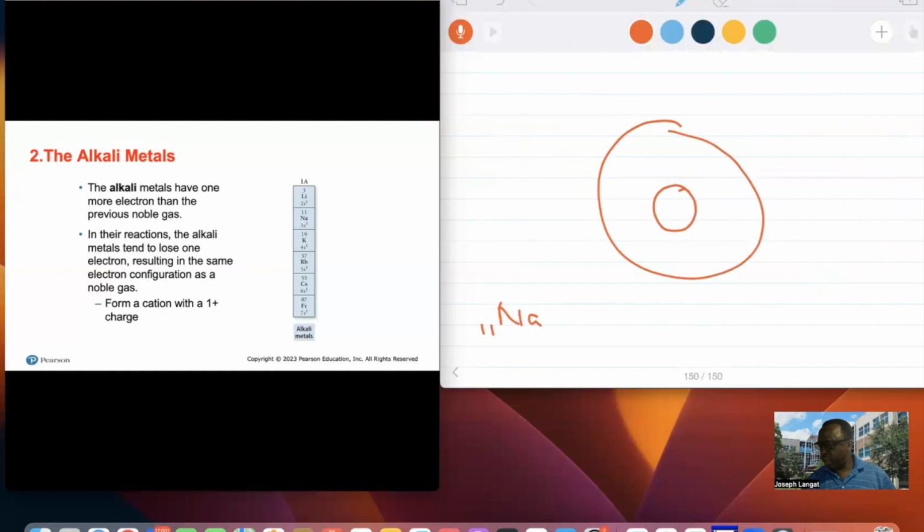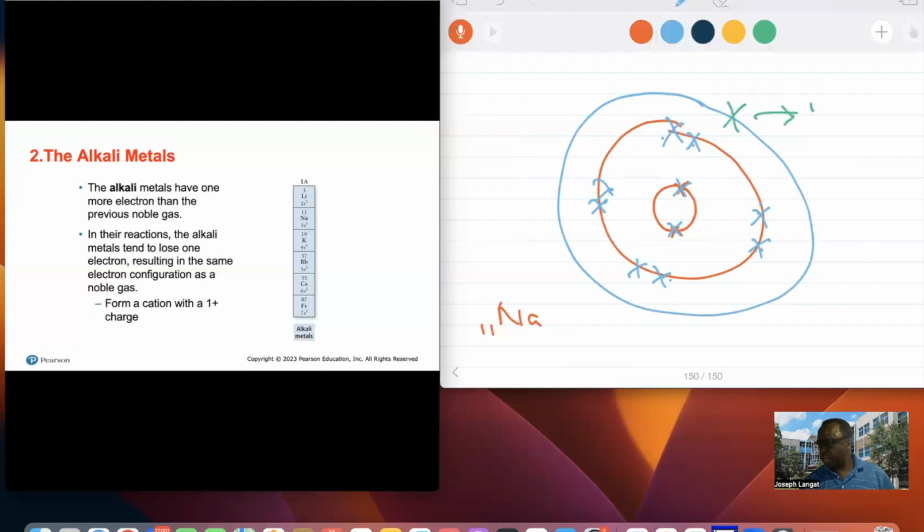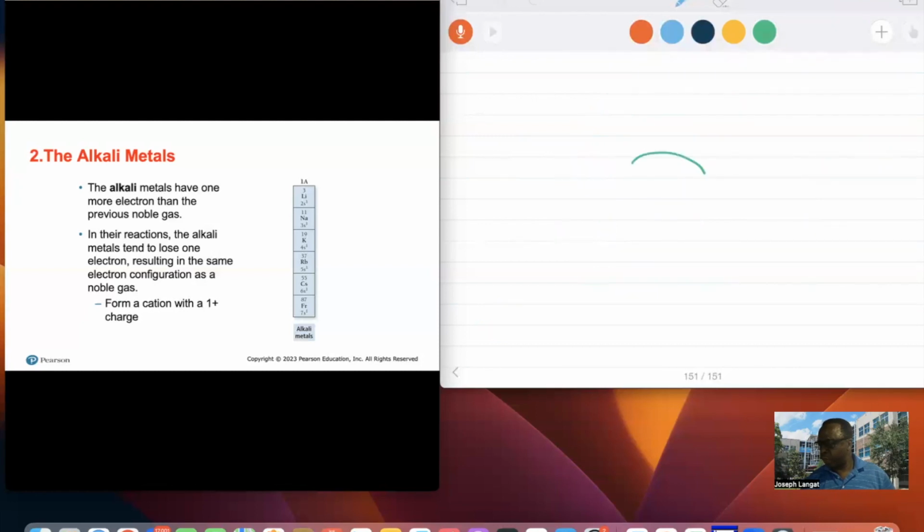There are 2 electrons in the innermost shell, then 1, 2, 3, 4, 5, 6, 7, 8 electrons in the next shell, and there is one valence electron. For the sodium cation, which has a positive charge of 1, we will have 8 electrons in the outermost shell.